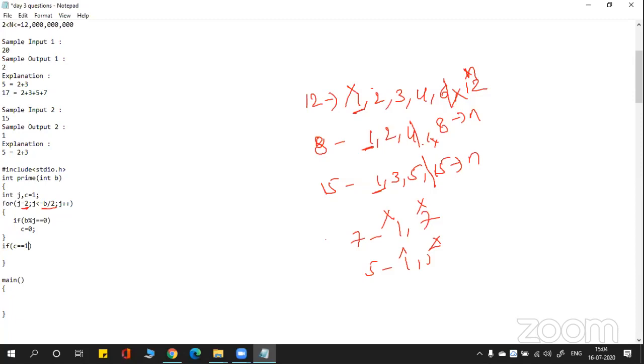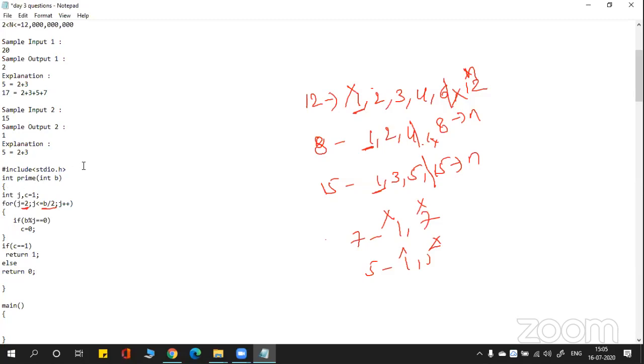It means it is not divisible by any other number, so it represents a prime number. This is a function, so I am writing return 1, else return 0.